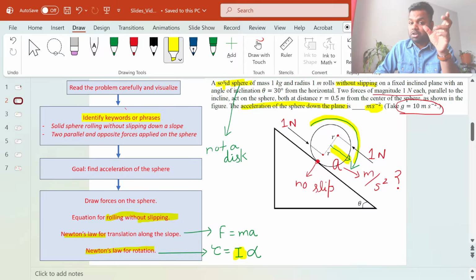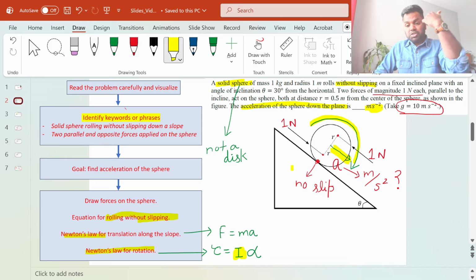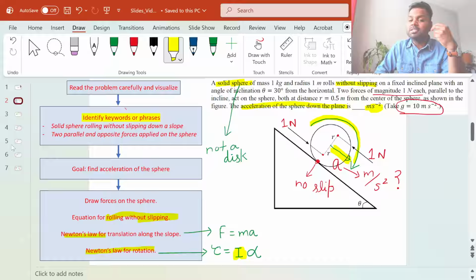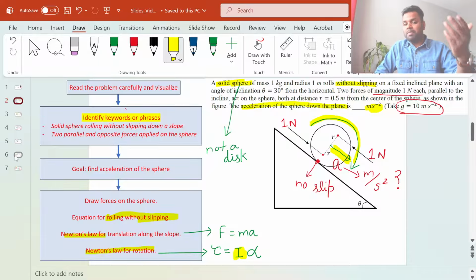It is a solid sphere, right? You have to remember rolling without slipping, and when you look at this problem, you must realize right away that you have to apply Newton's law for translation, F equal to ma, and Newton's law for rotation, tau equal to I alpha. Right? After that, it is a game of algebra, just doing the math right.